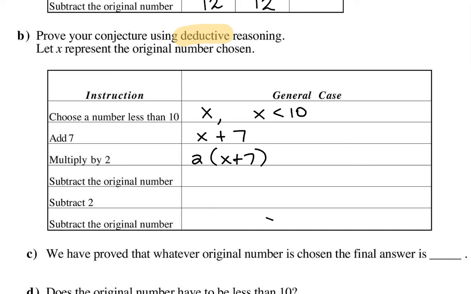Remember the order of operations. If you want that x plus 7 done first, you got to put it in a bracket. You can now simplify that by multiplying inside. What do you get? 2x plus 14, because the 2 has to do what? Distribute.